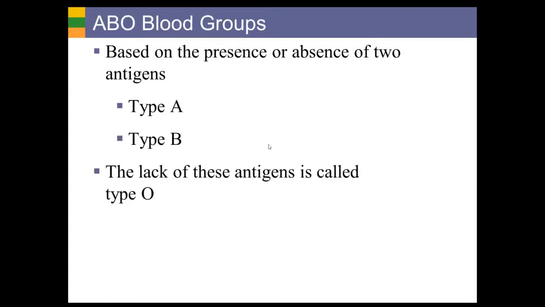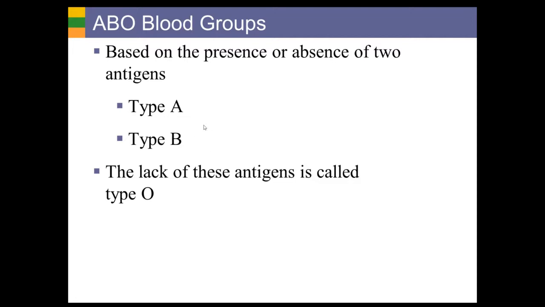The ABO blood group is based on the presence or absence of two antigens. If your red blood cells have the A antigen and the A antigen only, you are type A. If they have the B antigen only, you are type B. If they have both the A and the B, you are AB.